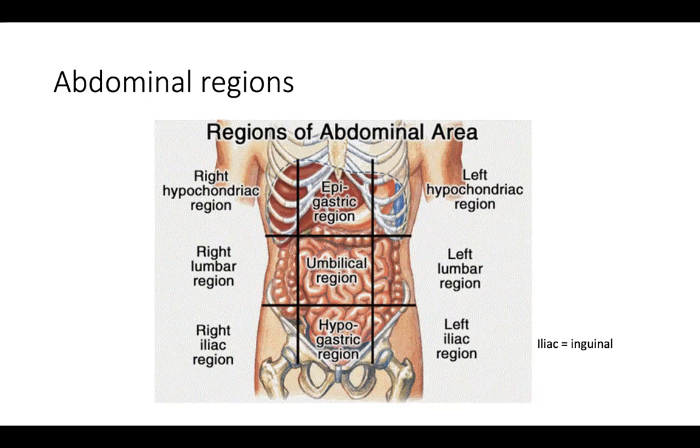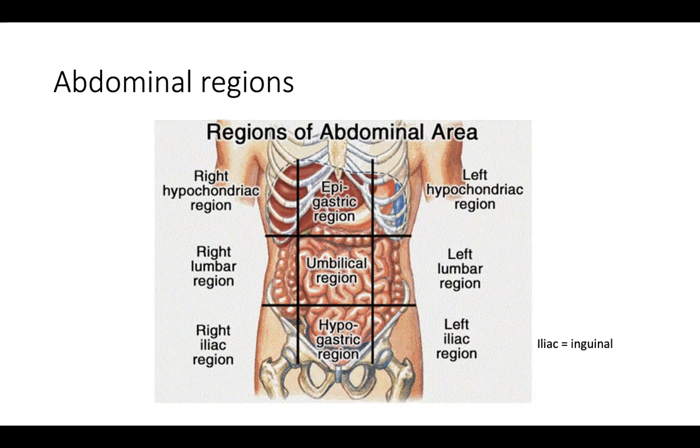Well, they also have lateral for lumbar. You don't need to know lateral. So you can cross out lateral for this one. So lumbar, iliac, or inguinal. So really that's just 3 that will cover 6 of these boxes, right? If you know hypochondriac, lumbar, and iliac, then you know right and left.